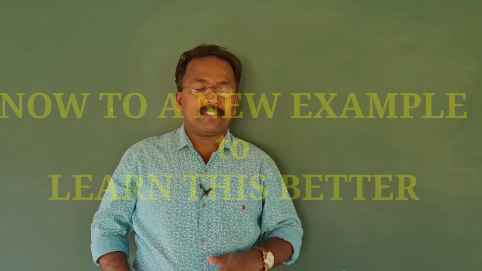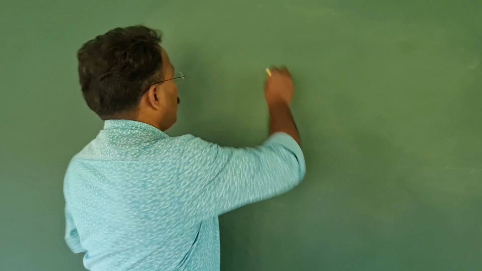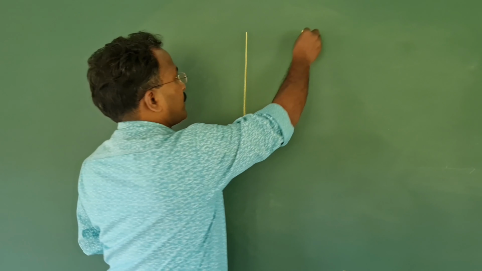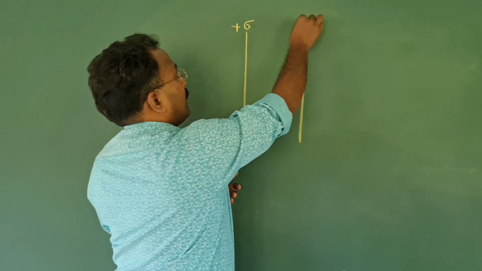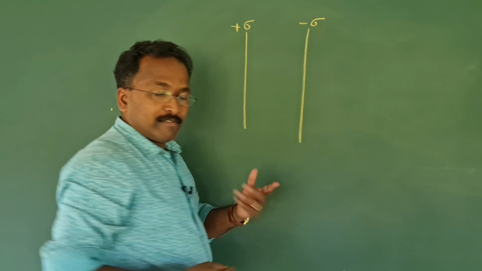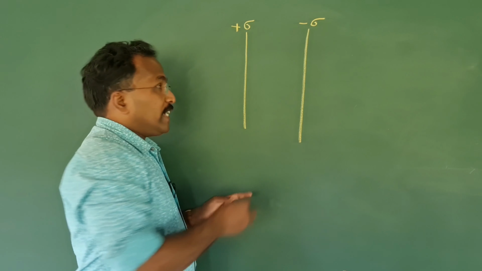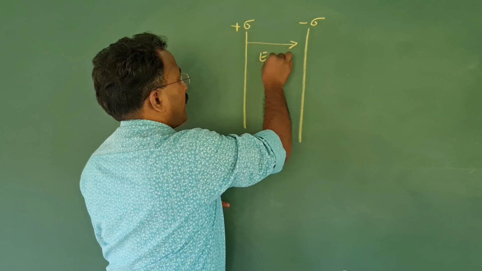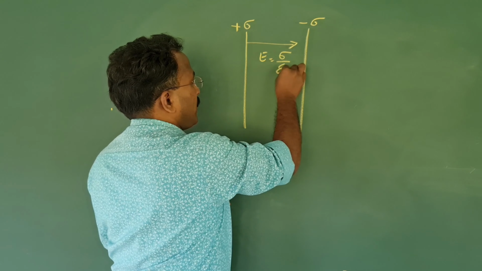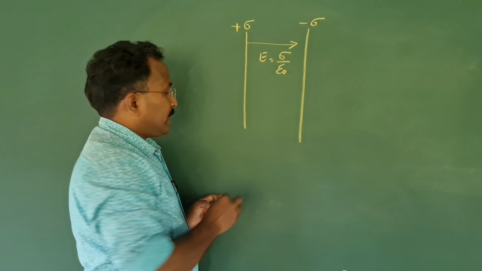Let's quickly catch one more example. You have two sheets. If you give plus sigma here and minus sigma here, you can produce electric field inside here in this direction with value equal to sigma by epsilon 0. You studied that.